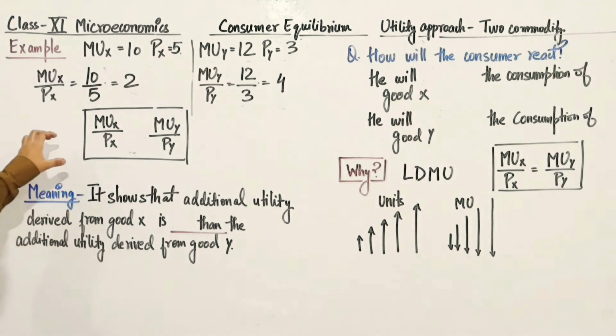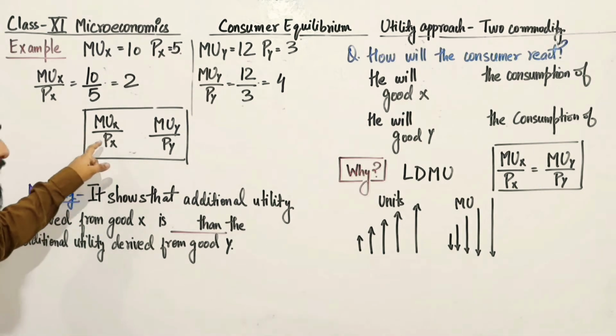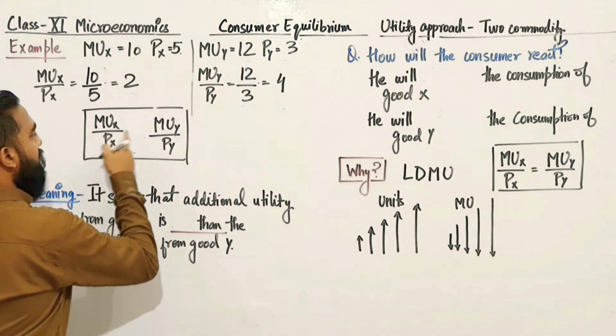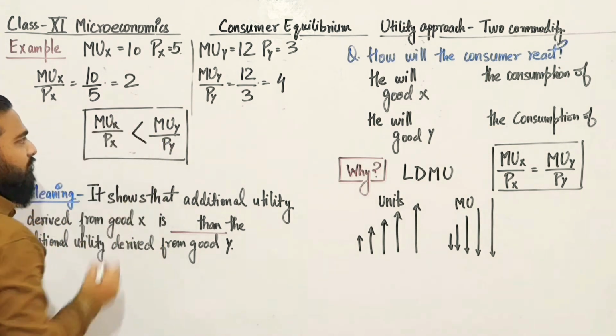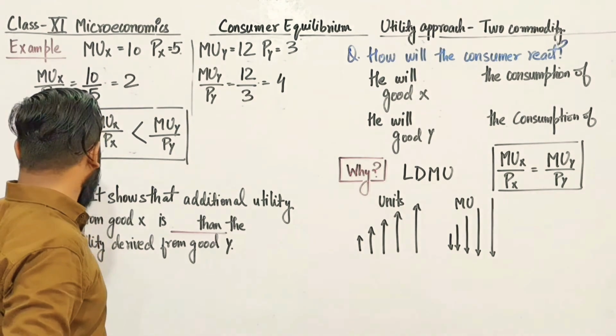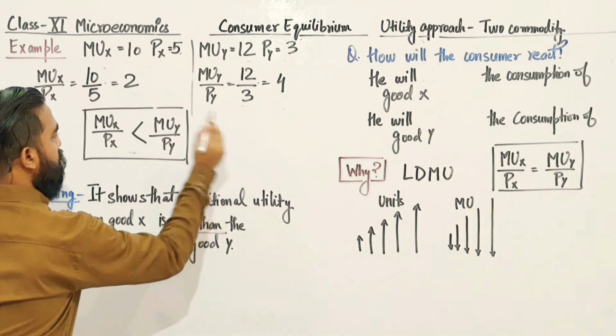Now see, the MUX upon PX is only 2 and MUY upon PY is 4. It means that MUX upon PX is less than MUY upon PY. Is that clear? Now, what does this show?